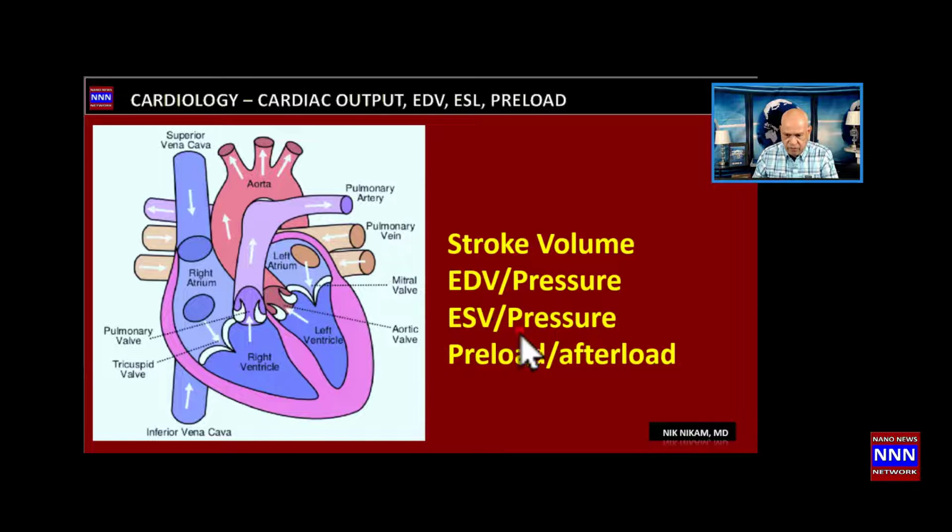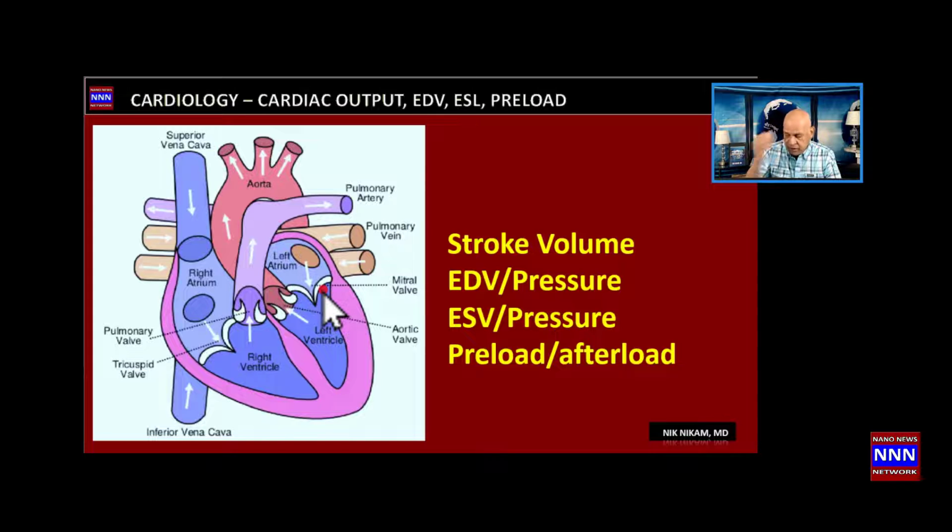End systolic volume. End systolic volume is also important because in patients with mitral regurgitation or in patients with aortic regurgitation, the end systolic volume, instead of being 30, may be different because of the leak across these valves, which increases the cardiac work because now the blood has to be pushed further.